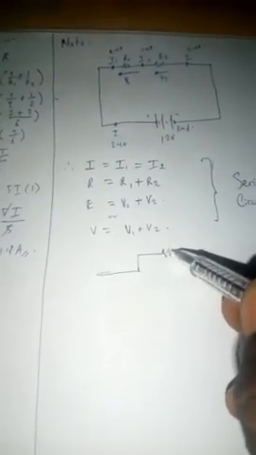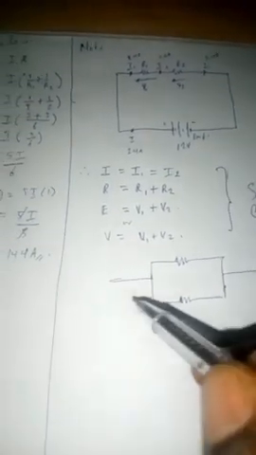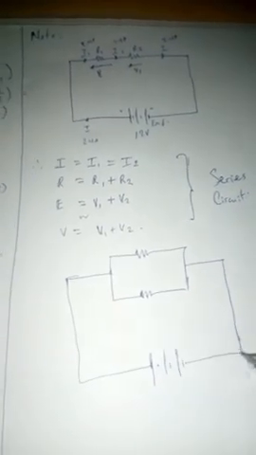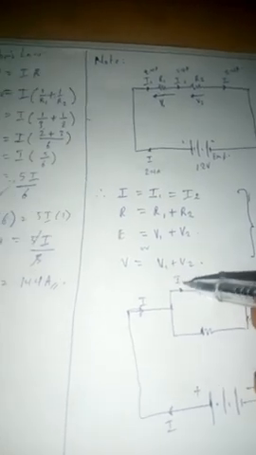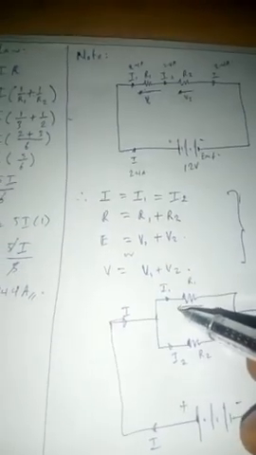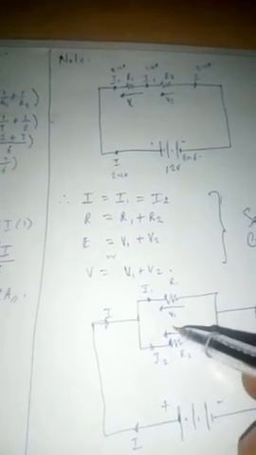But when we talk about a parallel circuit, this is the current coming in. When it gets here, it breaks into two. We have I1 and I2. Now, this is R1, this is R2. Then we have the voltage drop across R1, which is V1, and the voltage drop across R2, which is V2.